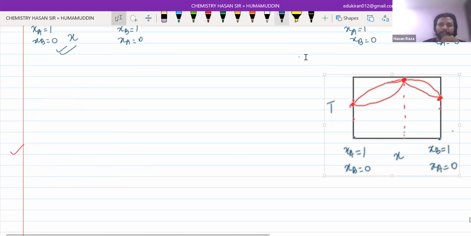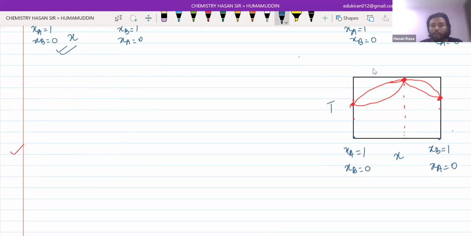As you can see, in negative deviation, maximum boiling point. What does this mean? You can see separately it has this boiling point and it has this boiling point. But when you mix them, it shows negative deviation. That means vapor pressure decreases and boiling point increases. You can see the solution's boiling point is quite high.